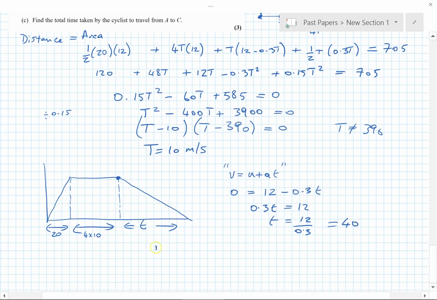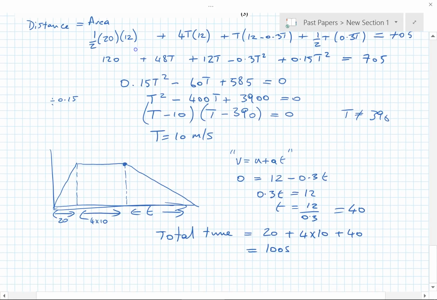So that gives us a total time, looking along this stretch here, is equal to 20 plus 4 times t, which we've worked out before, which is 10, plus 40, which is equal to 100 seconds. Okay, so that was question number 5.